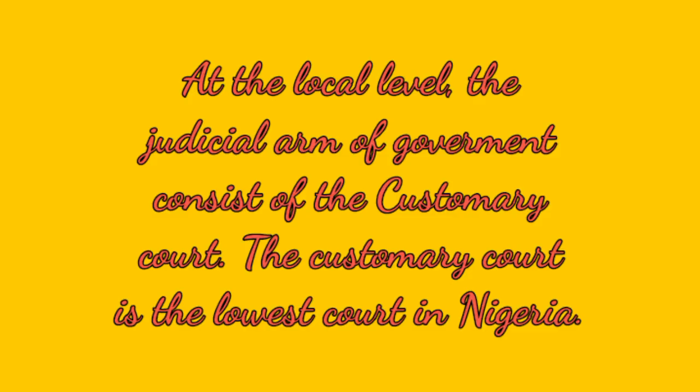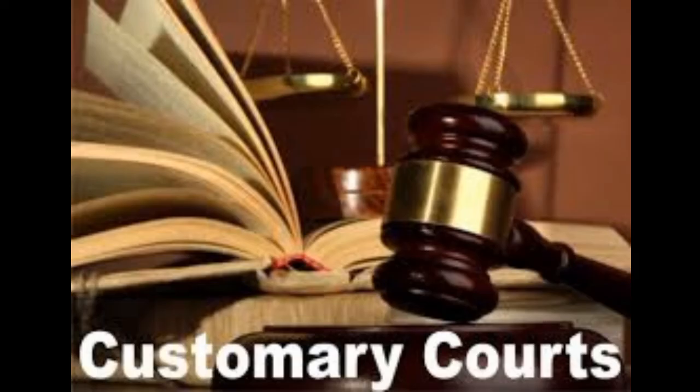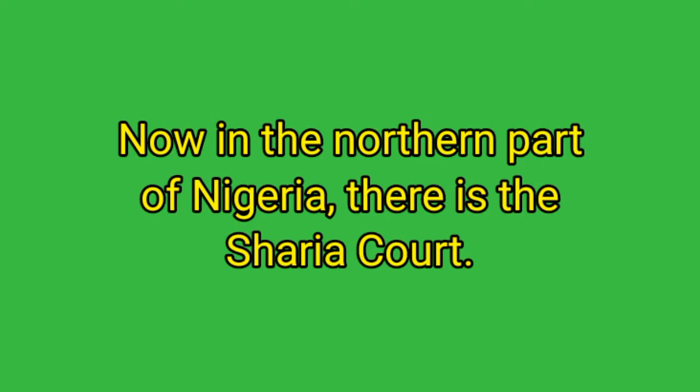While at the local level, the courts are the customary courts. The customary courts are the lowest courts in Nigeria. Do we get it? While in northern Nigeria, there are also the Sharia courts.